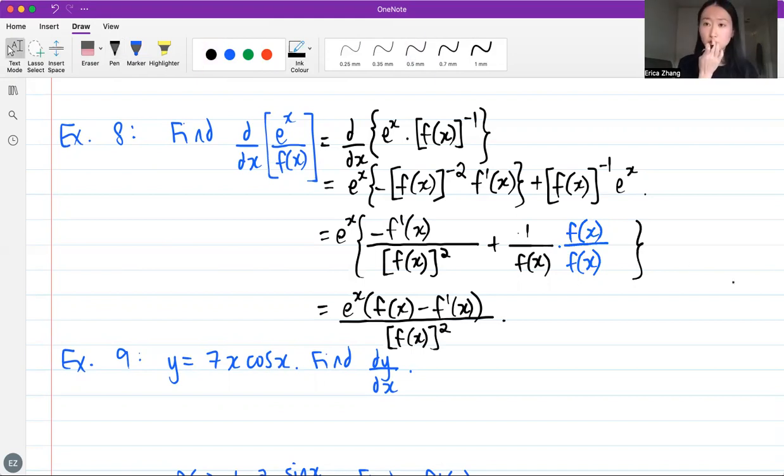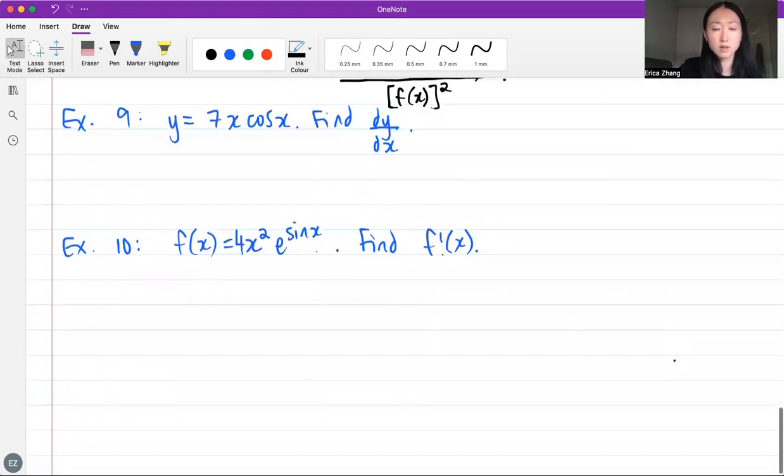All right, so even though it might look strange not to have a function explicitly written, it's still possible to just use the rules of differentiation, product rule and chain rule, if applicable, and obtain an expression in terms of f of x and f prime of x. Next example.